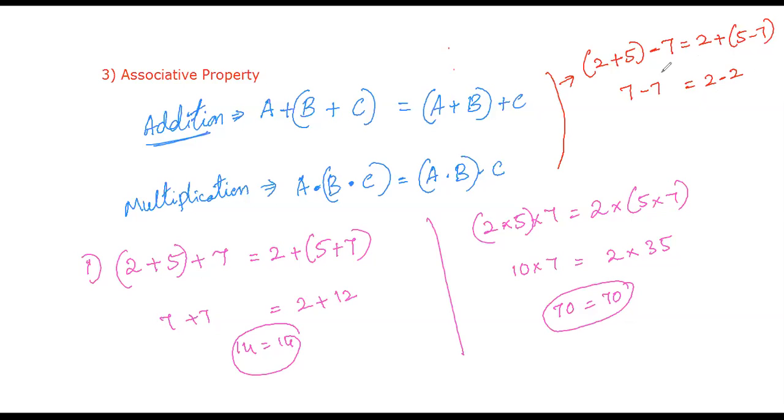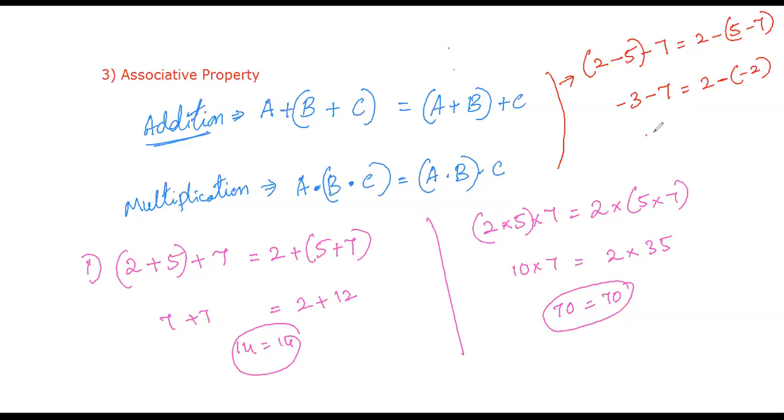What if we change both? So 2 minus 5 minus 7, and 2 minus 7 minus 7. Okay, let's try this. What is this? -2, right?